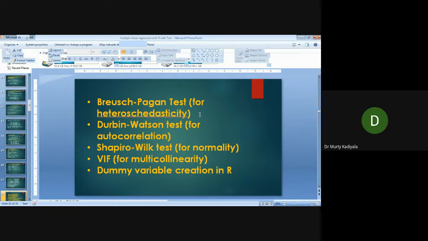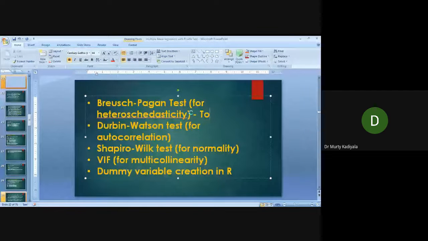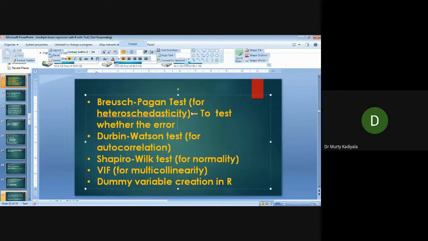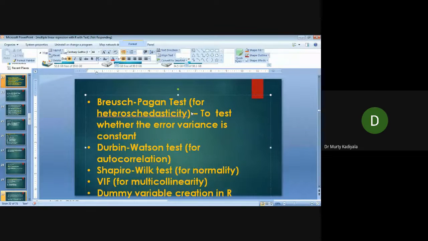This test is useful to test whether the error variance is constant. This particular test we do to see whether the variance is constant or not.